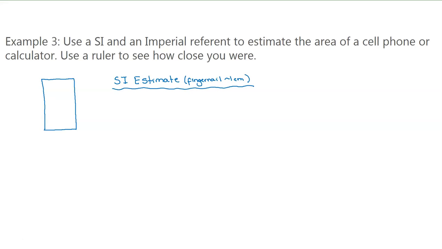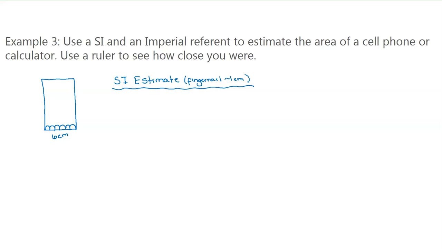So if I place my finger along the bottom, I get 1, 2, 3, 4, 5. I get about 6 fingernail widths going across the bottom. So that equates to about 6 centimeters.